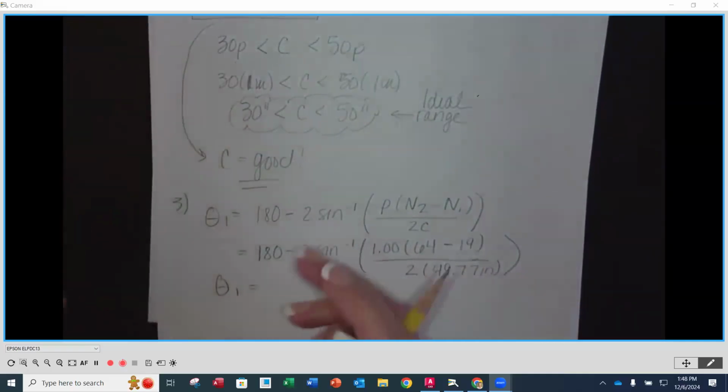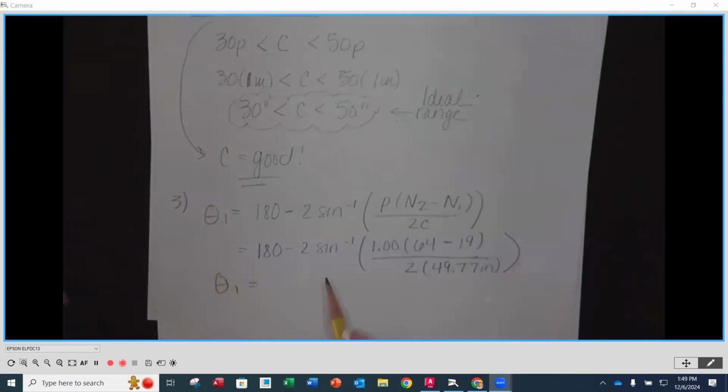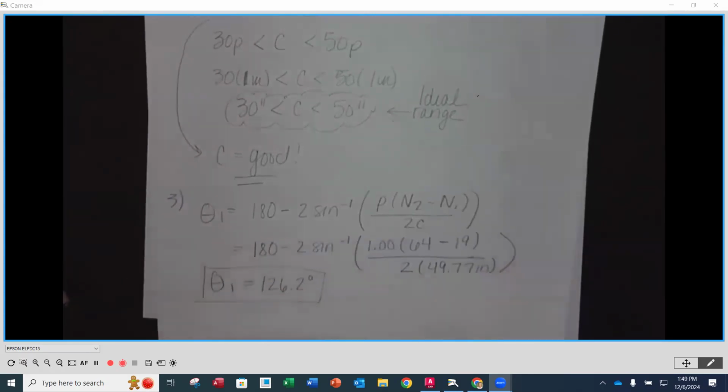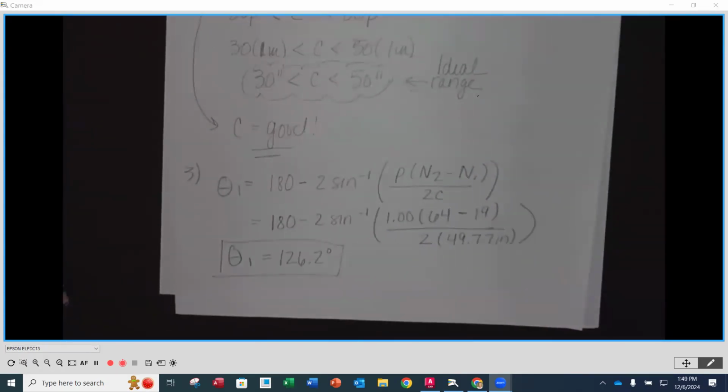So our theta 1, I got 126.2 degrees, which I believe is the correct answer.